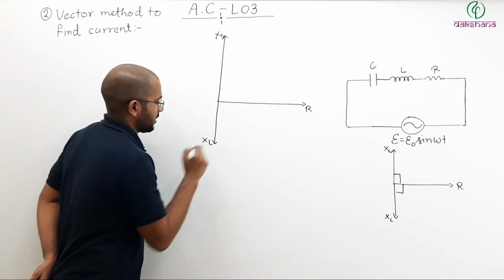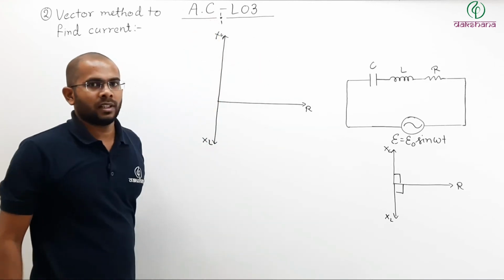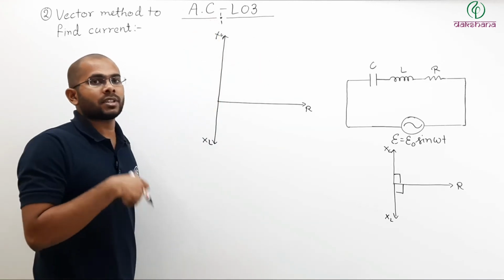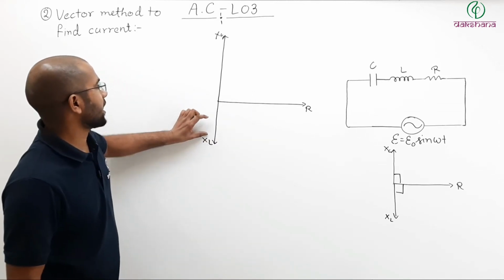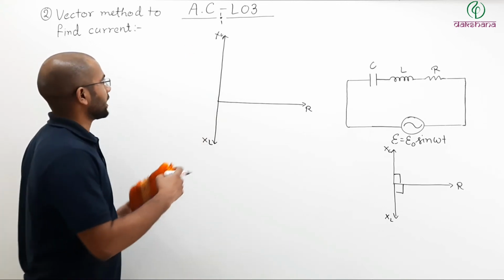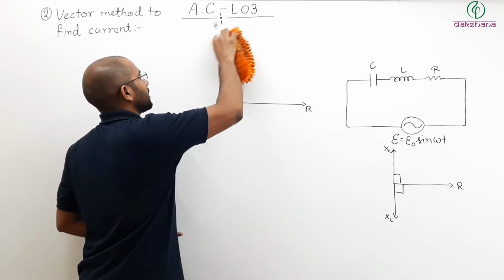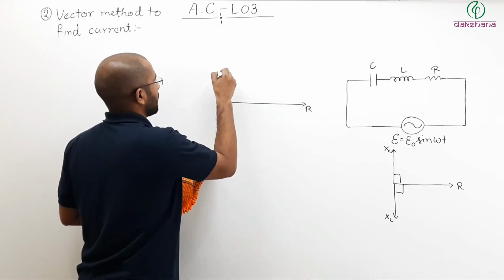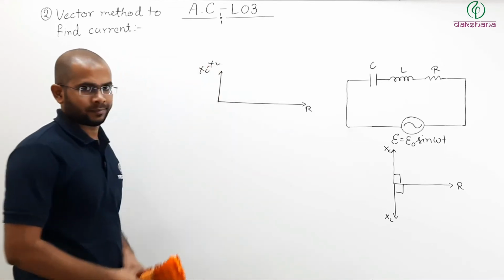If XC, the reactance of the capacitor, is greater than XL, the reactance of the inductor, then I can subtract XL from XC. So this becomes XC minus XL, like this.